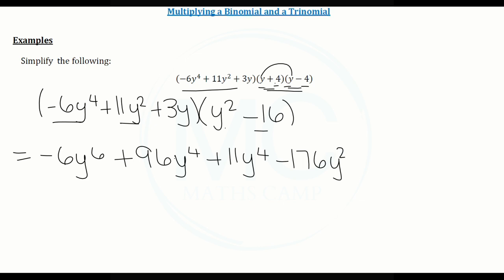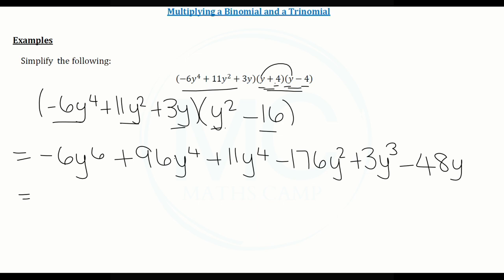Then we can multiply 3y by y squared, and we get positive 3y cubed. Finally, we can multiply 3y by negative 16, and we get negative 48y. Now that we've done this, we can add like terms.